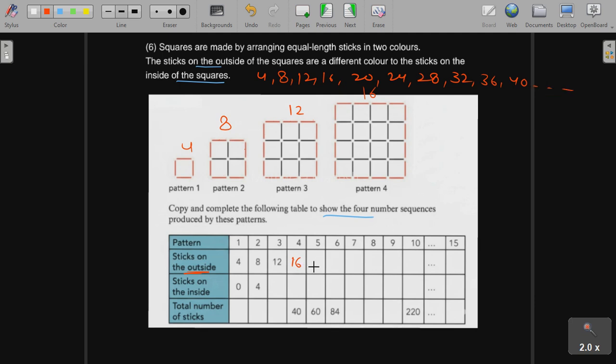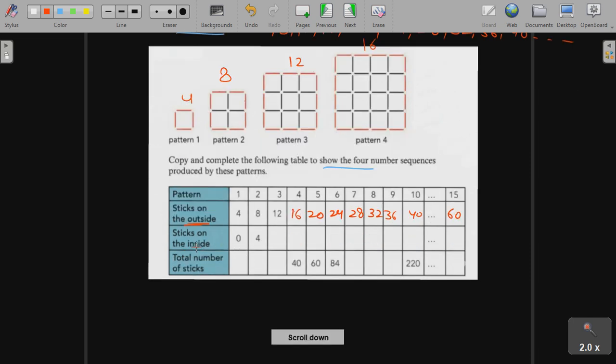Okay, this is how. So we have to write this pattern 16, 20, 24, 28, 32, 36, 40, and this one is 15 into 4, 60.